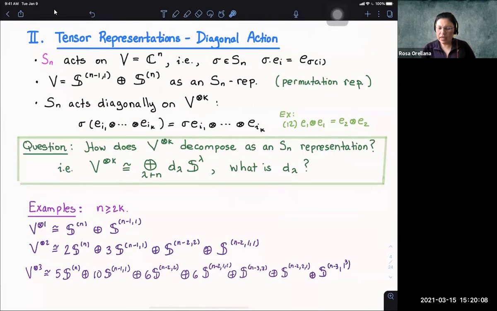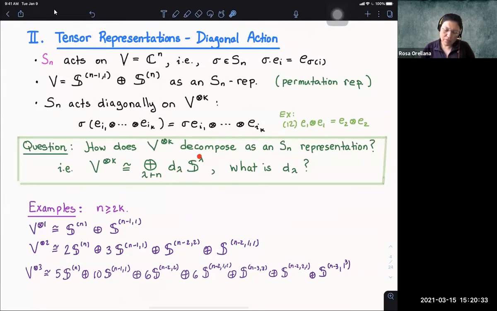Notice here I have S_n. So the question one can ask is: how does this module with this new action decompose as an S_n representation? Basically, is there a combinatorial interpretation for these coefficients? How can I define them?